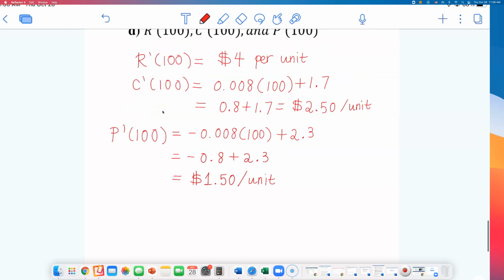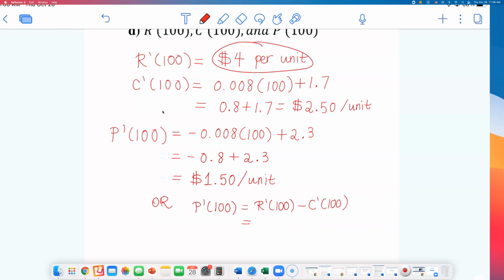So let's see, what if we use that subtraction method? Or you can do p prime of 100 equals r prime of 100 minus c prime of 100. If you subtract $2.50 minus, I'm sorry, that wasn't the r prime of x. r prime of x was $4, sorry.